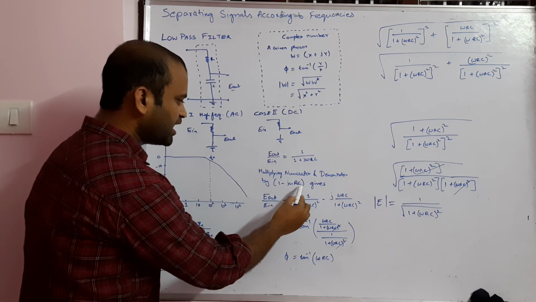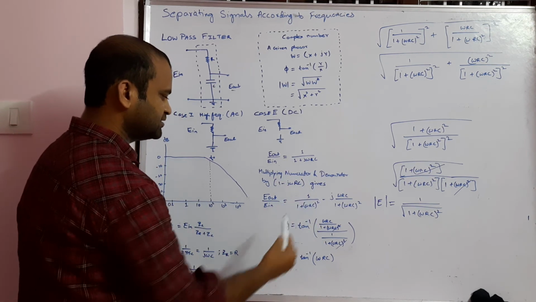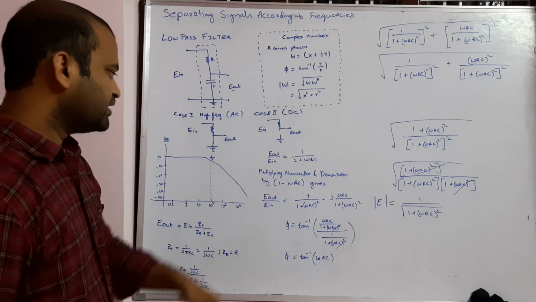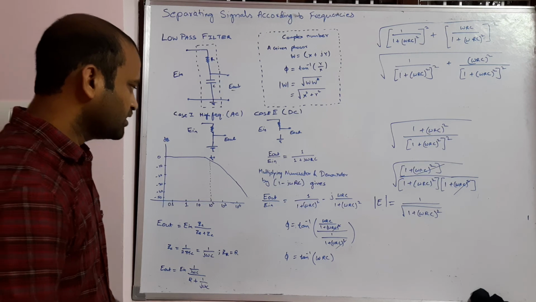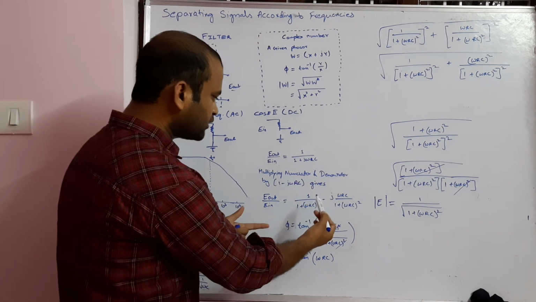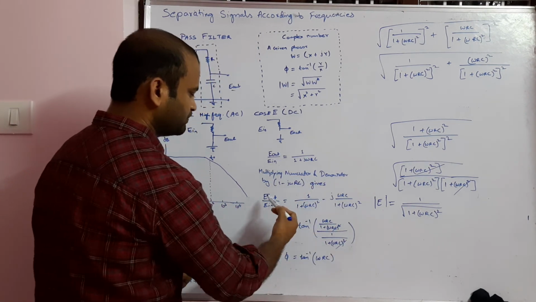Now multiplying the numerator and denominator with 1 minus j omega RC gives this. Let's do that calculation, and if you do it you will get this form.